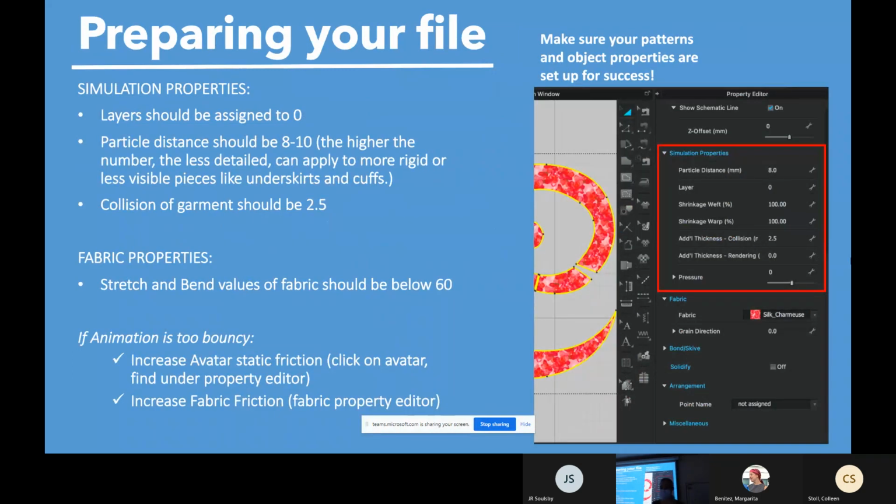So before you get started, there's a few things you want to do. And I forgot to put this on the slide, but the first thing you want to do is delete any unnecessary patterns. I don't know if you're like me. I always have patterns kind of floating around in the 2D window. Well, they're in the 3D window too, that I use to kind of develop the final patterns.